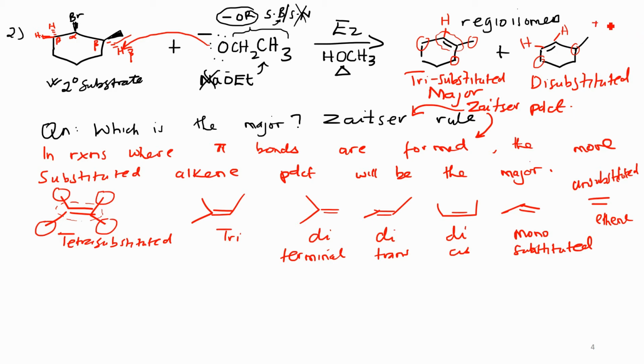So remember, the byproduct will always be the alcohol. After the base takes out the beta hydrogen, you'll always get the alcohol version of that base. And of course there's a leaving group which you're not going to be asked to show. So let's do one more example on E2, and then we start E1. Okay, did I lose my pen?